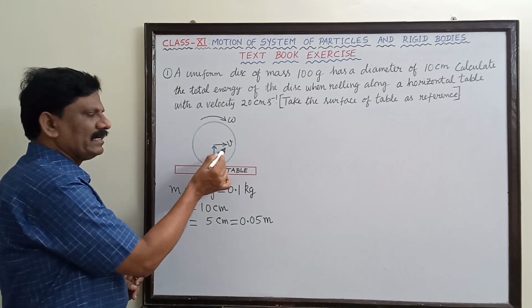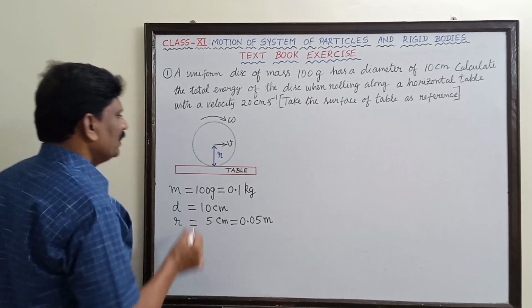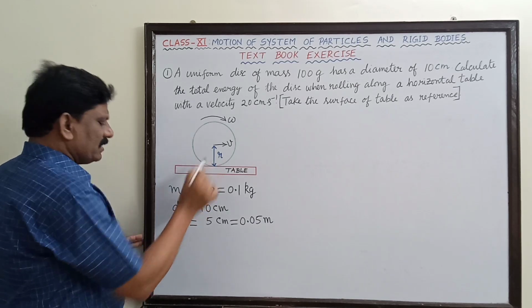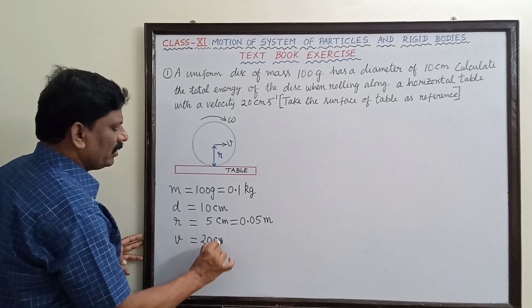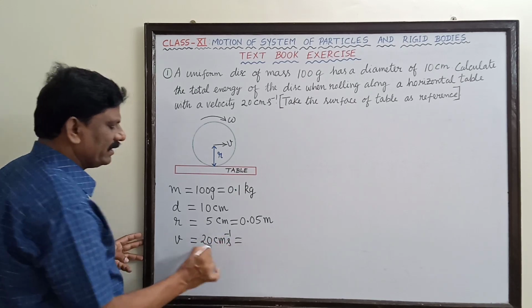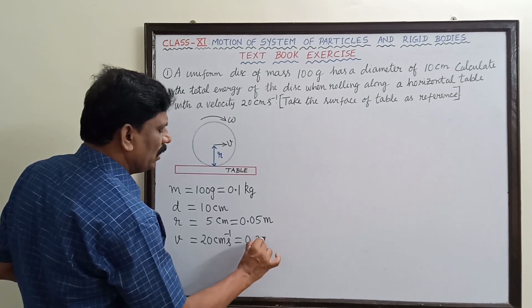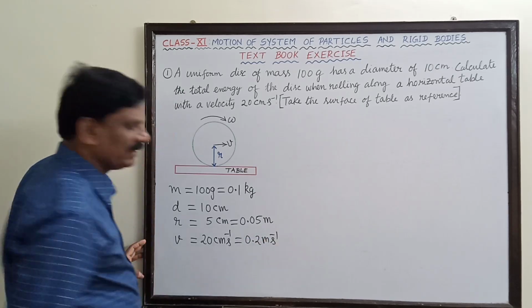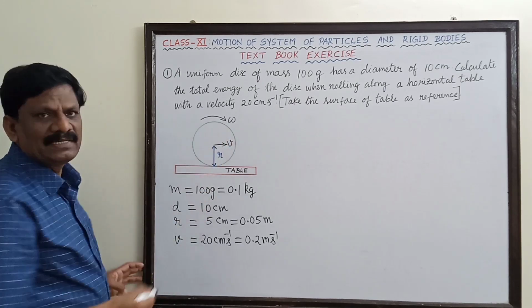And it's having a velocity of 20 centimeter per second. You can see that the translational velocity is equal to the velocity of the center of mass. So this is given as 20 centimeter per second. This also I will convert into meter per second, so this will become 0.2 meters per second. Also its angular velocity is omega.